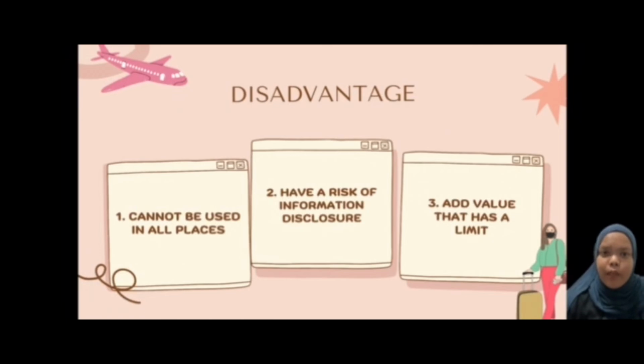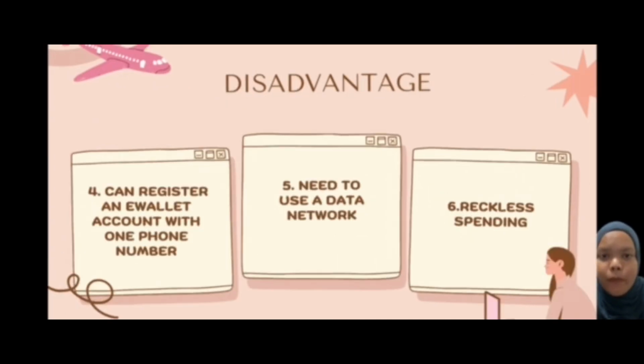For example, when we use our bank account number to register, it can know our privacy and can be a risk for us. The third disadvantage is that add value has a limit. Next, you can register an e-wallet account with only one phone number.